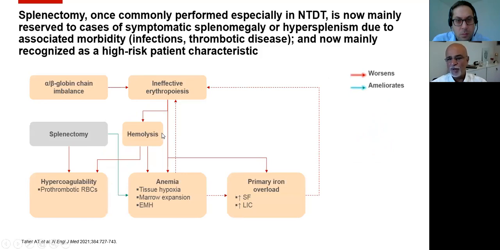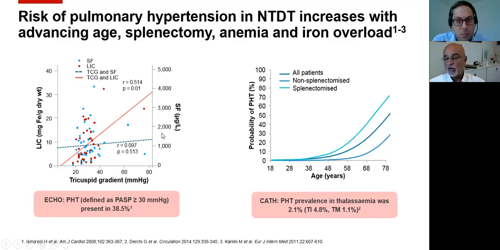But the other one, which is on the right, is the important one from the WebThal, from a very large group of the Italian group, that showed that pulmonary hypertension also increases with age. Pulmonary hypertension is more common in those who are splenectomized, and this is how further we showed that pulmonary hypertension, if you look at the numbers, is 4.8% in TI compared to 1.1% in TM.